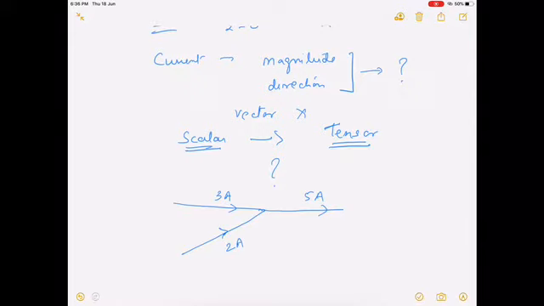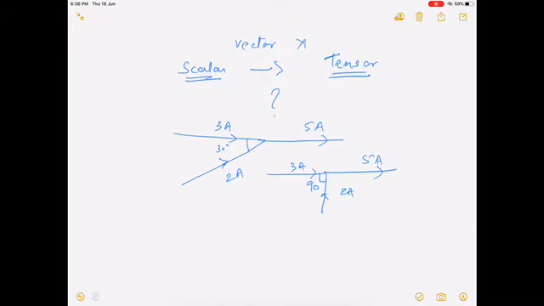It is simple addition: 3 plus 2 is 5 ampere. Even if the angle between them is 30 degrees, they get added up. Even if the angle between them is 90 degrees, they will get added up. 3 plus 2 will always be 5 ampere. So they are not following the rules of vector addition.